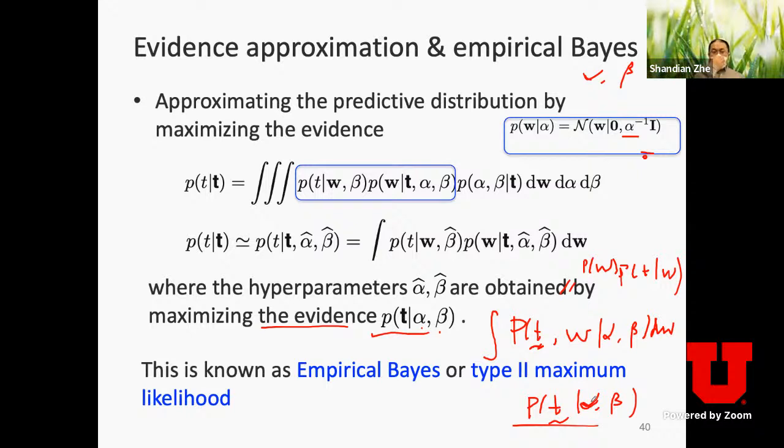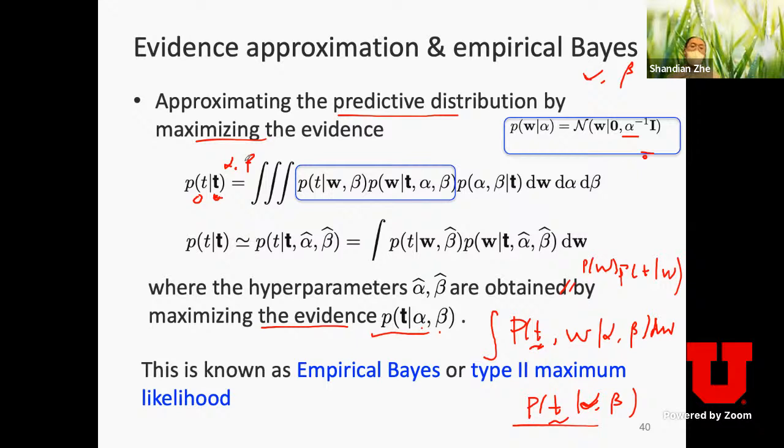So this essentially can be viewed as approximating the predictive distribution by assuming your alpha and beta are just a point distribution. How can we see that? If we want to calculate the predictive distribution, this is some prediction, and this is our training data. Previously we assumed alpha and beta are known.